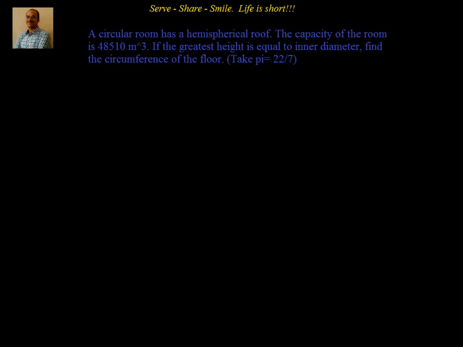The volume is given to me, but I have a condition here: if the greatest height is equal to inner diameter, that is where I have to work out the total volume and equate it to the given number so that I can find the radius. Once I find the radius, finding the circumference is pretty easy, because the circumference of the floor is 2 pi r. We have been given pi equal to 22 by 7.